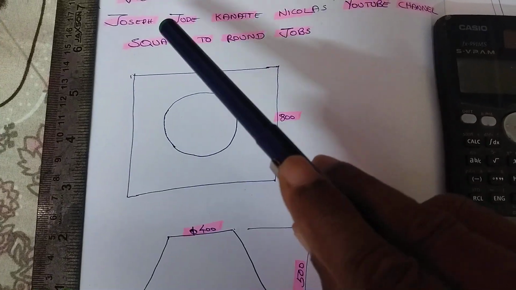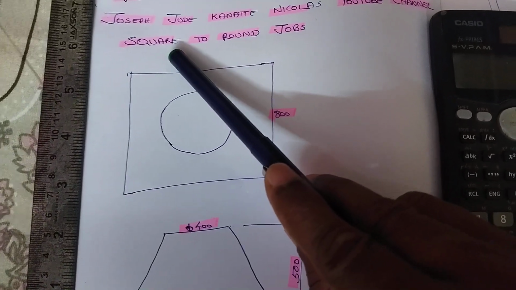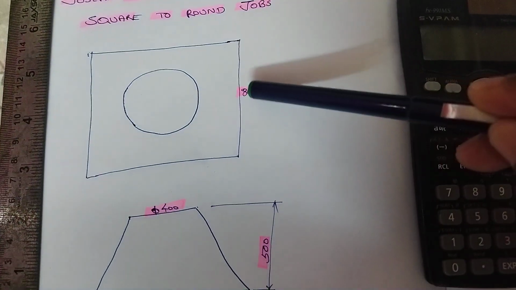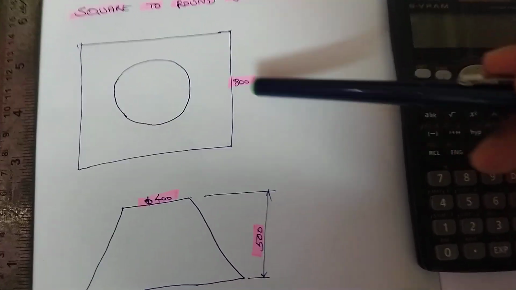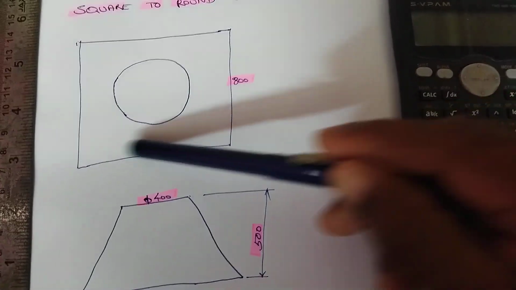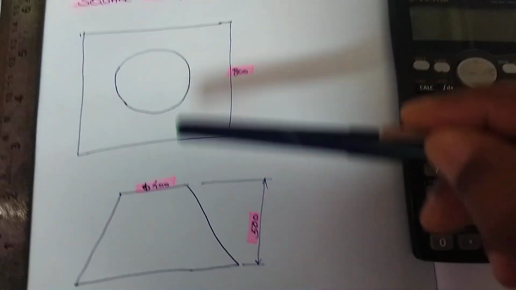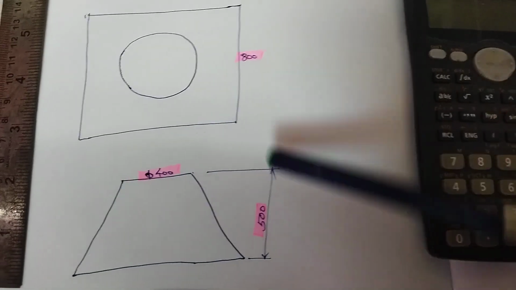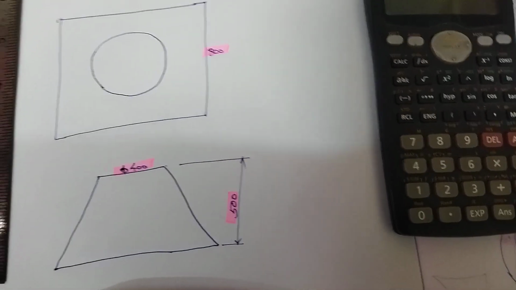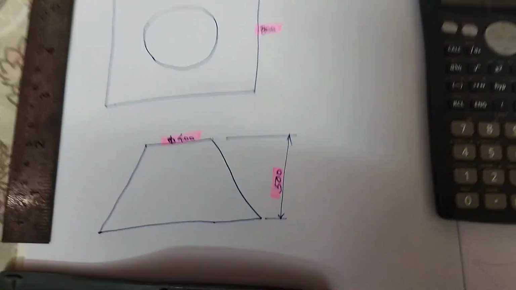It means the bottom side will be square and the top side will be round. Here the square is 800 by 800 and the diameter of the round is 400. We are going to make this one job.